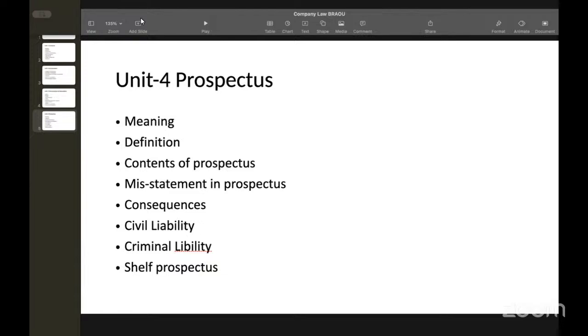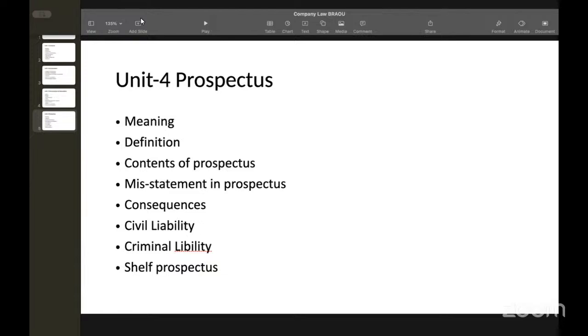In the conclusion of prospectus, the prospectus is a cornerstone document in the process of raising capital from the public. It fosters transparency and trust by disclosing accurate and comprehensive information. However, misstatements can have severe consequences, resulting in financial, civil, and criminal penalties.